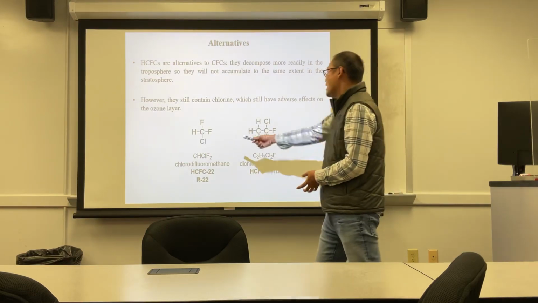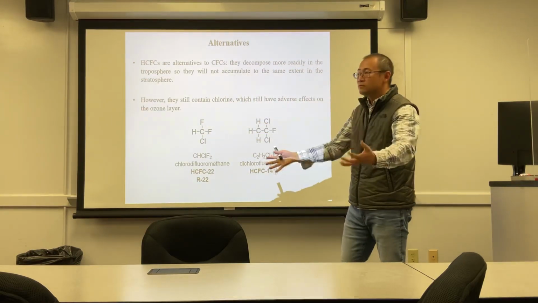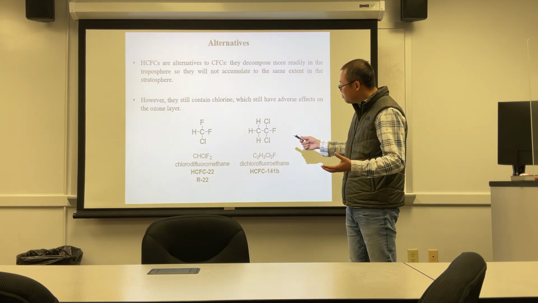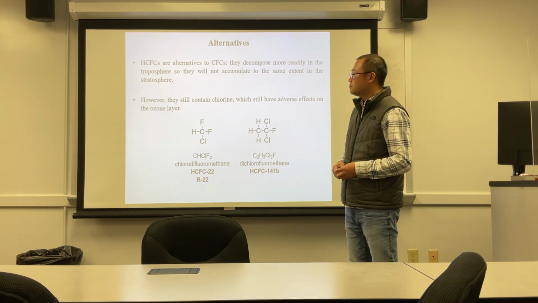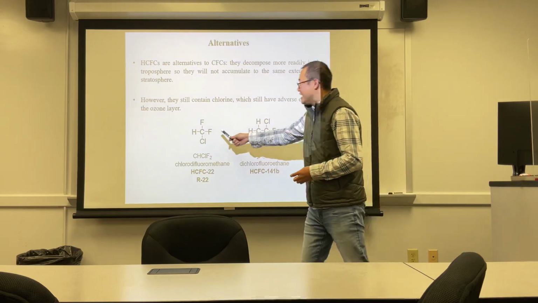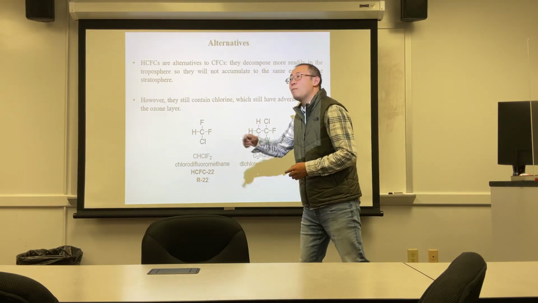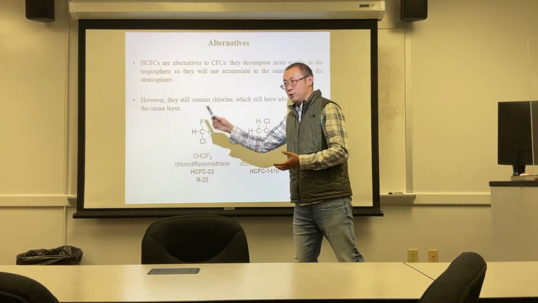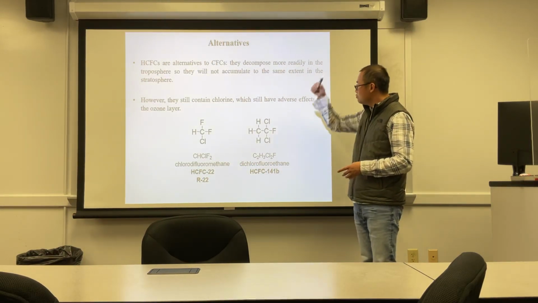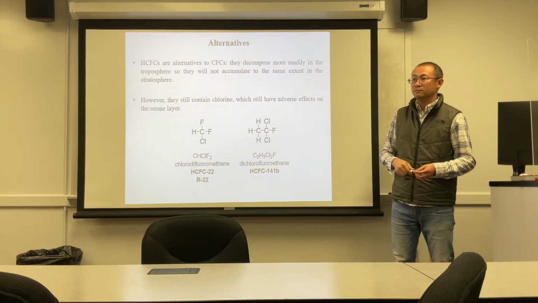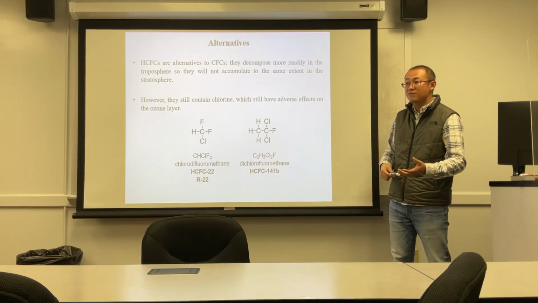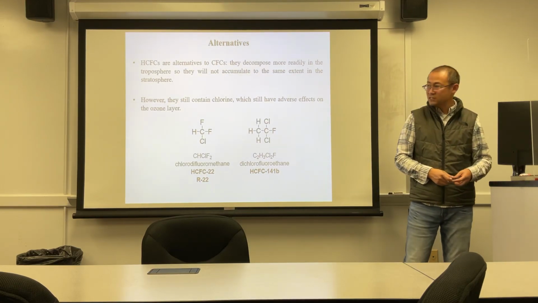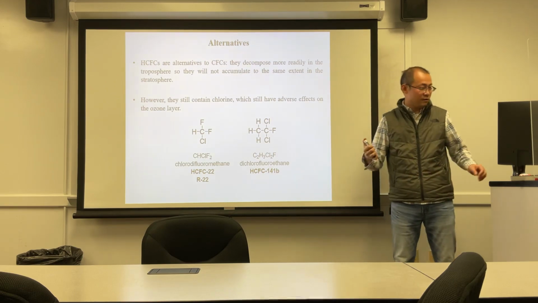The chlorine atoms stay around ground level because they break down faster. But the problem is it still has a C-Cl bond, which means there is still a potential of generating chlorine atoms to affect ozone. Even though it's less severe than CFCs, it will still pose an adverse effect on the ozone layer.